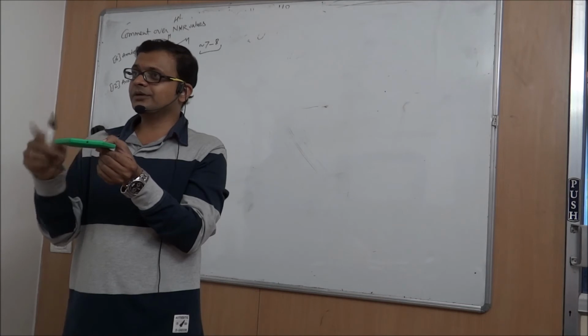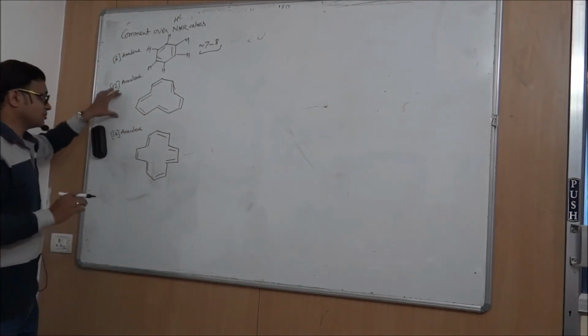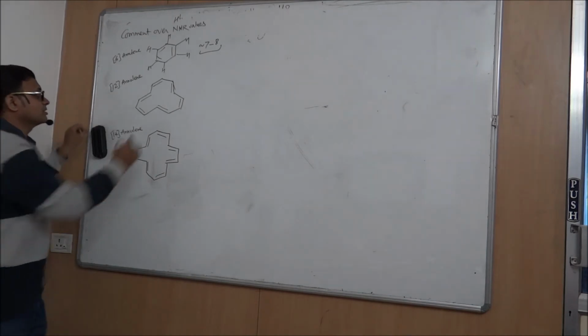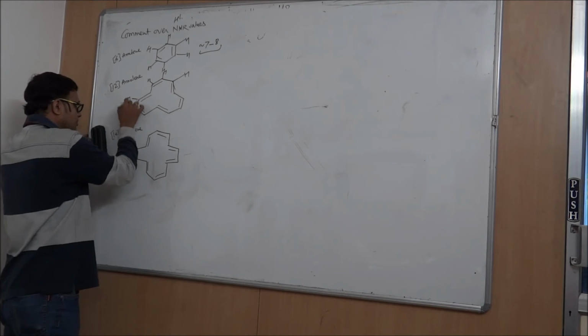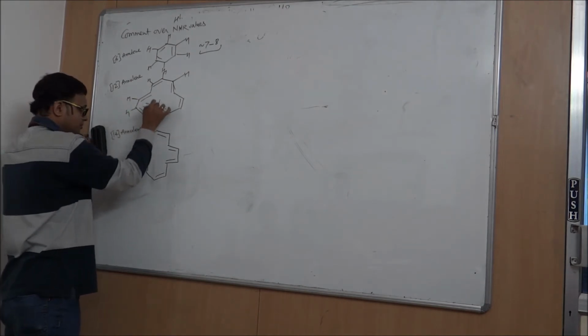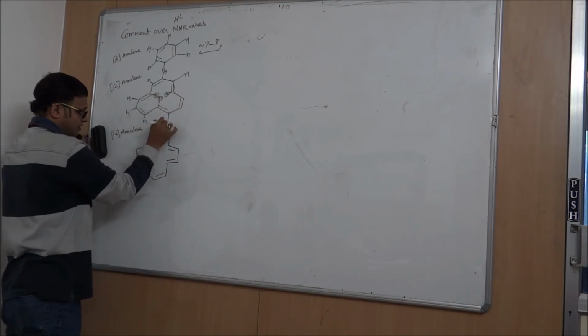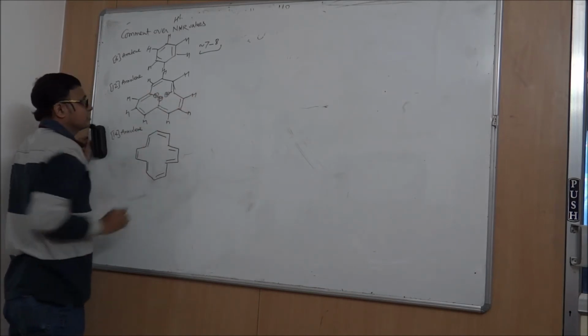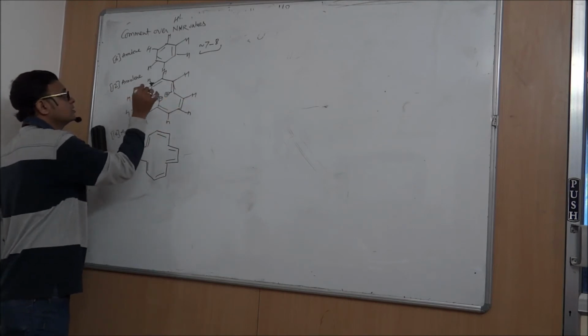Fine. And if it is aromatic, so this is the same compound. Now this is aromatic, this is anti-aromatic. If it is anti-aromatic, you get two types of H1 NMR peaks: for 3 hydrogens one NMR peak, and for the other hydrogens one NMR peak. So 1, 2, 3, 4, 5, 6, 7, 8, 9.